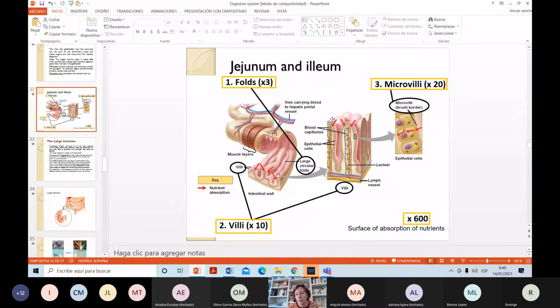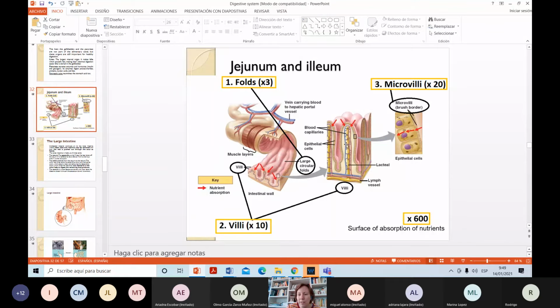Esto es como los felpudos esos de plástico. All this structure has those structures that move up and down. They are called villi. Thanks to folds, I increase the surface of absorption 3 times. Thanks to villi, 10 times.